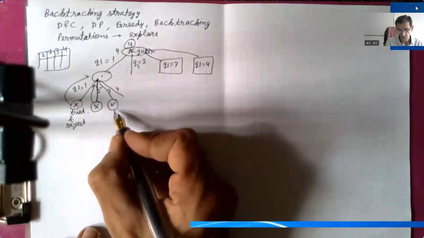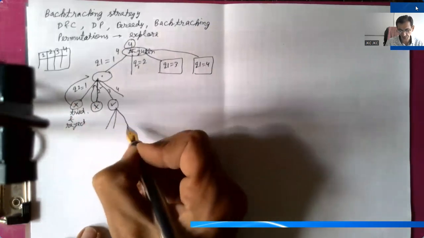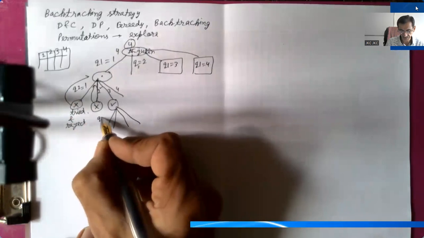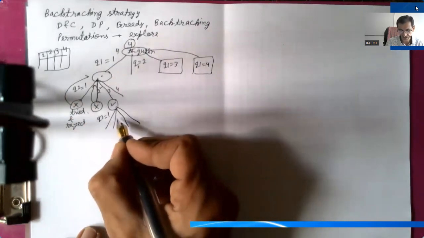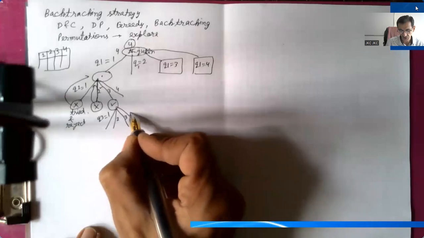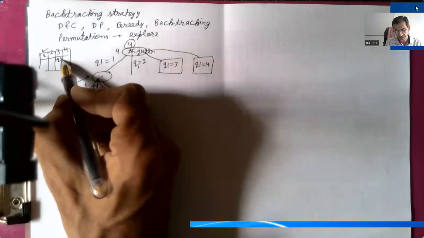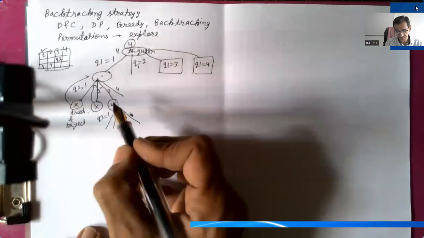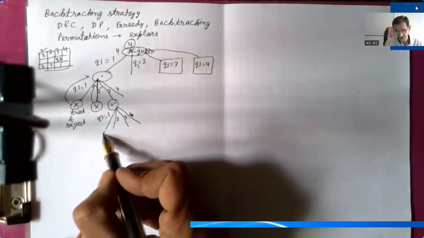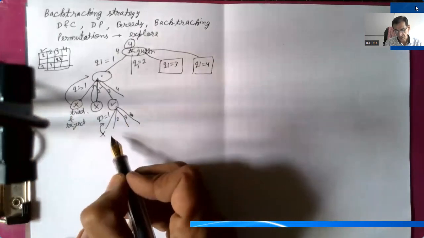Accepted means explore further. Further exploring means, again for Q3, I have the choice of placing the queen at position 1, 2, 3, and 4. So my queen 1 is here, queen 2 is here. Then I start exploring for Q3. I explore this, reject.